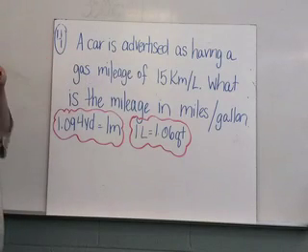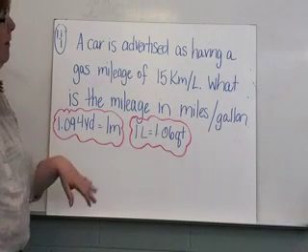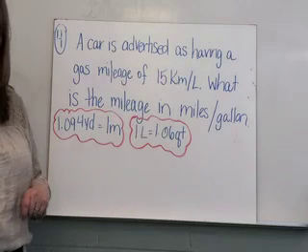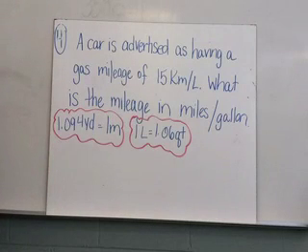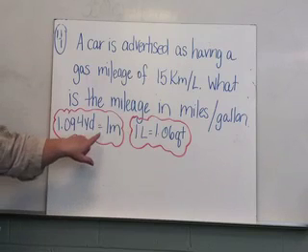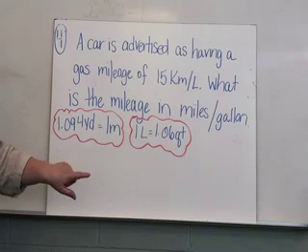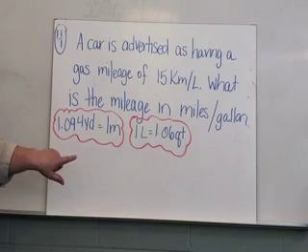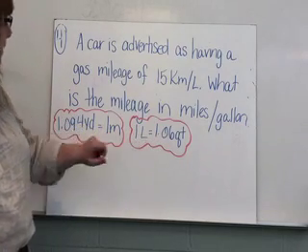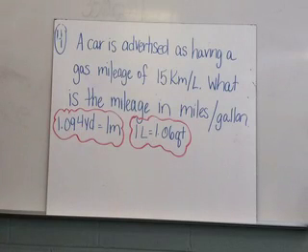All right, a car is advertised as having a gas mileage of 15 kilometers per liter, and we would like to know the gas mileage in miles per gallon. And so here are the conversion factors we need to use. There's 1.094 yards in a meter, and there is 1.06 quarts in a liter.